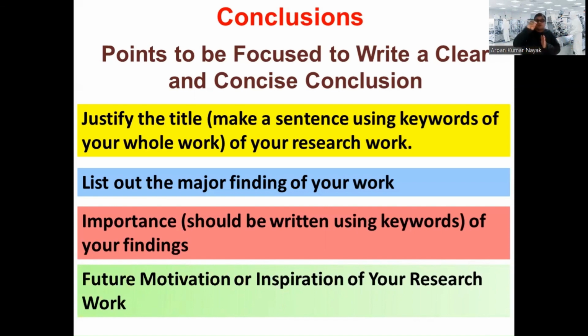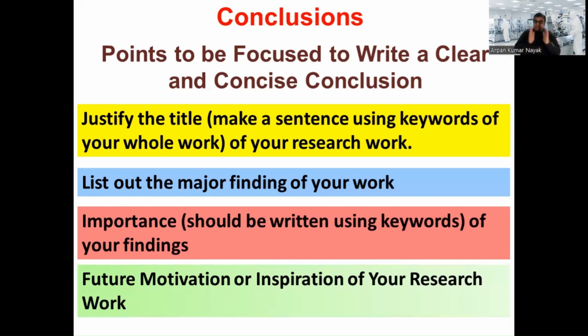So you should give a future prospect about your research work, so that others will get inspiration from your work and be happy that okay, it will be helpful for their research too.